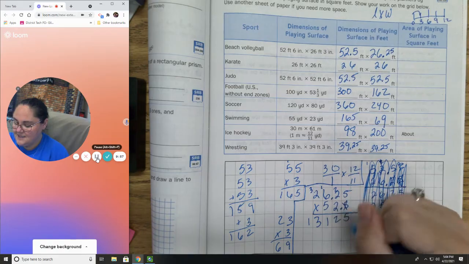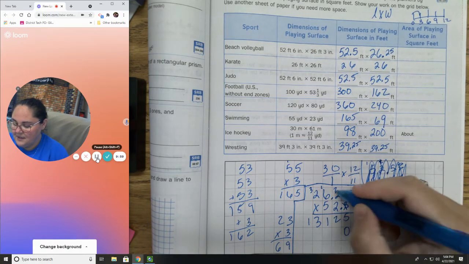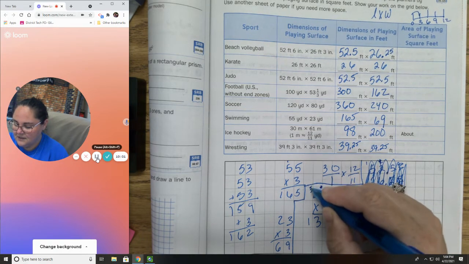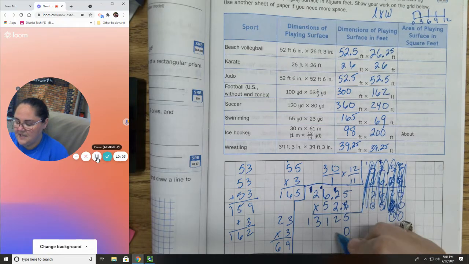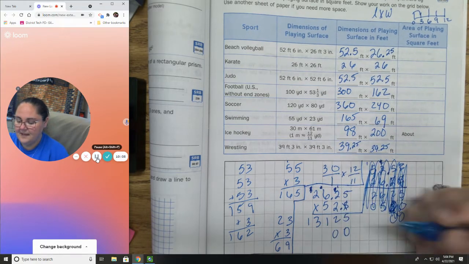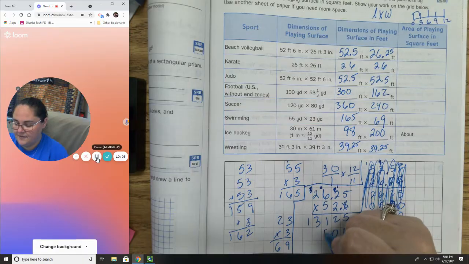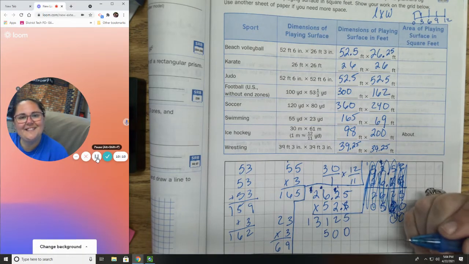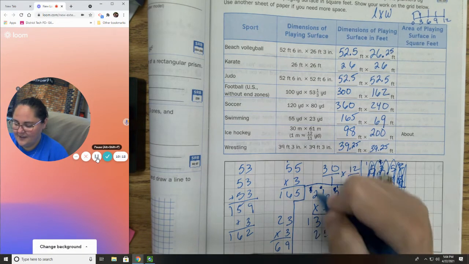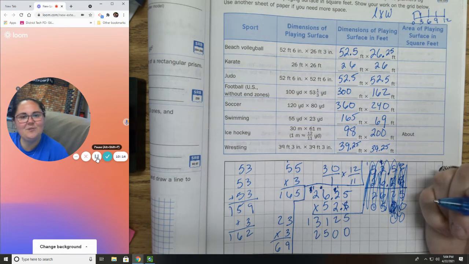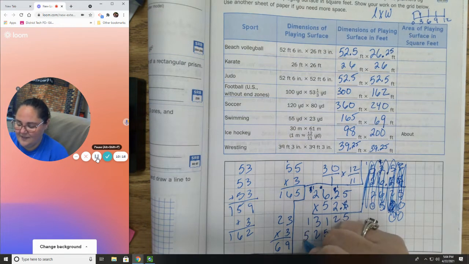My X's and the O's, they haunt me. I'm going to mark these out. 2 times 5 is 10. Carry my 1. 2 times 2 is 4, plus 1 is 5. 2 times 6 is 12. Carry my 1. 2 times 2 is 4, plus 1 is 5.